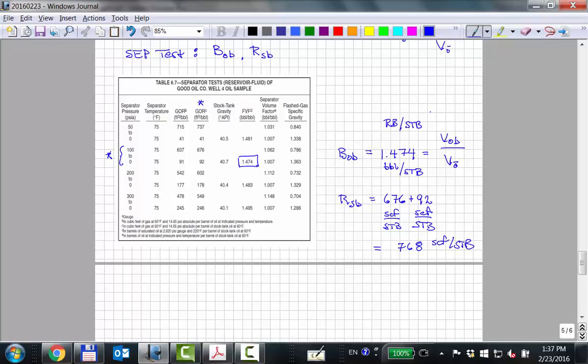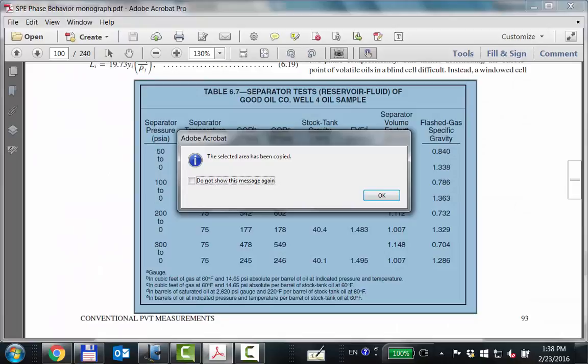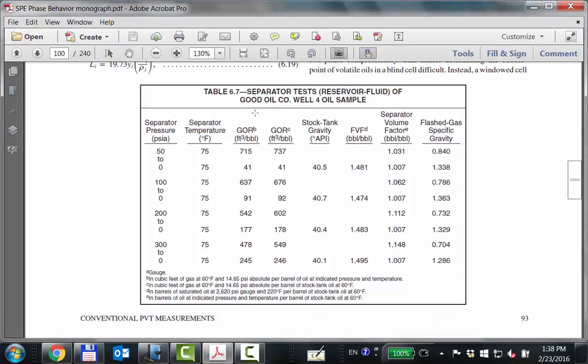What's the difference between the first GOR and the second GOR? Between this one and this one? Yeah, B and C. The B, you can't really see it. This B says standard cubic feet of gas per barrel of oil at the separator pressure and temperature.